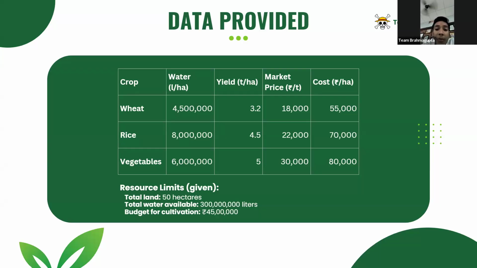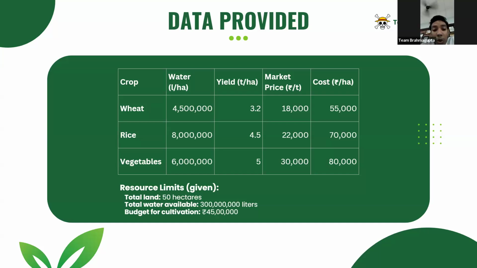Same for rice: 8 million liters per hectare of water, yield of 4.5 tons per hectare, market price of 22,000 rupees per ton, and cost of 70,000 rupees per hectare.